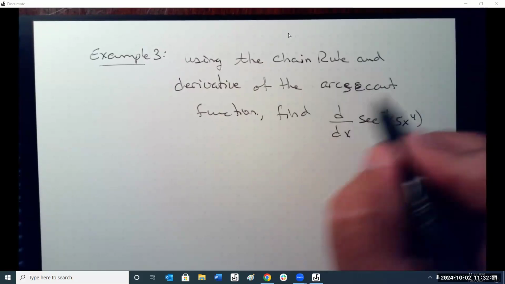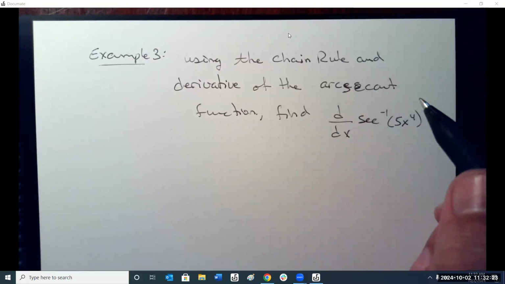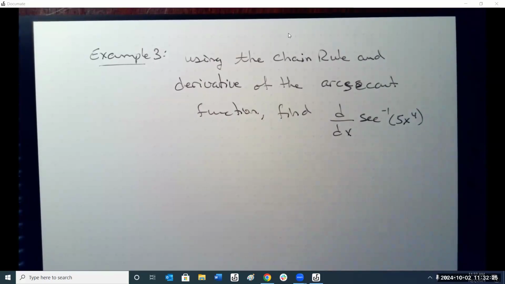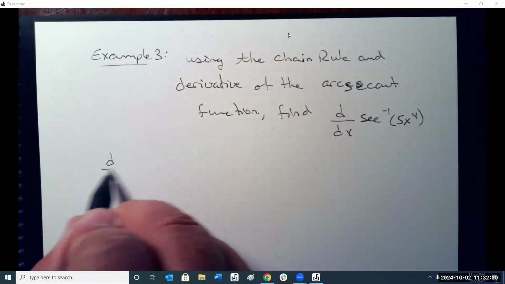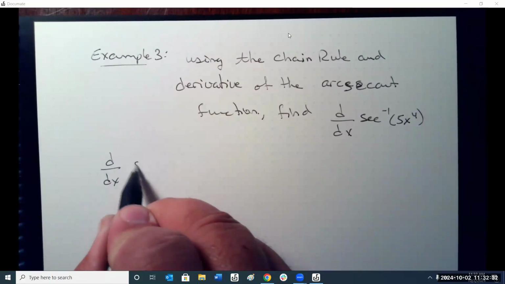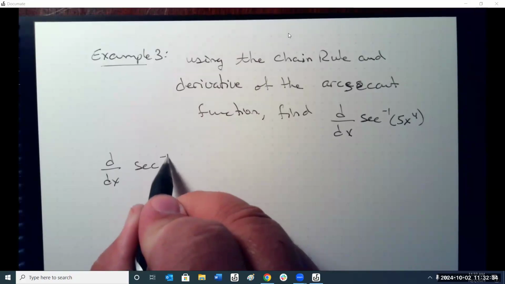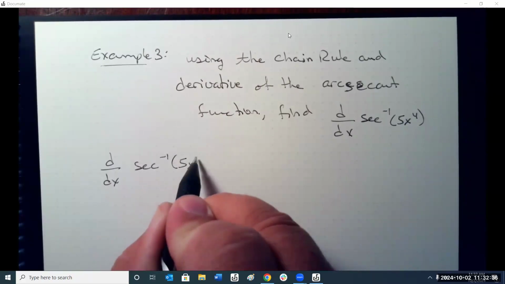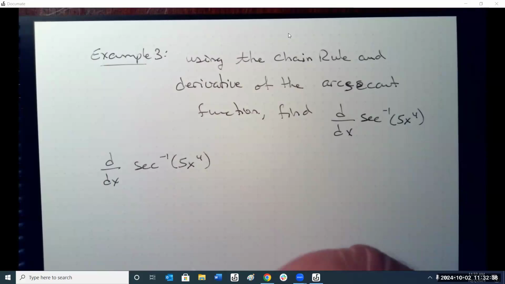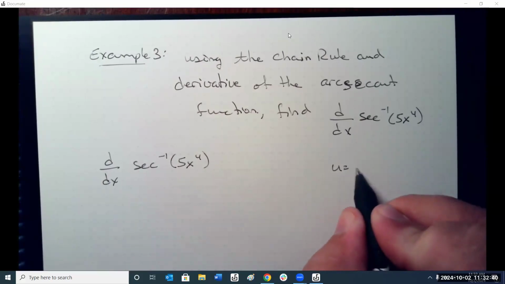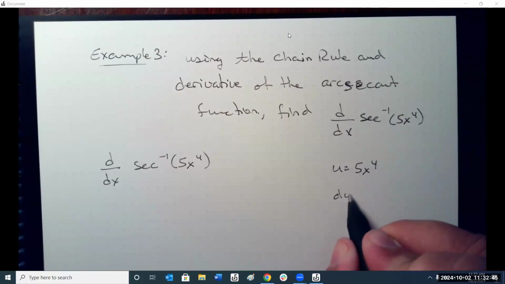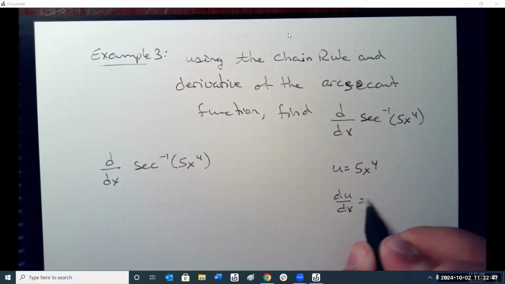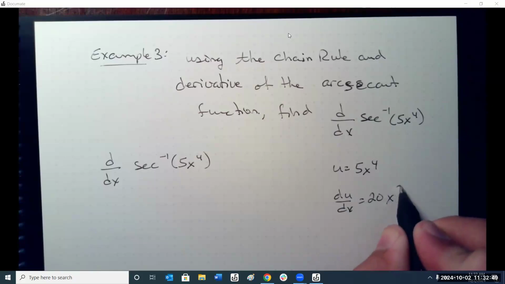Typically we don't write that, but that's when it is the inverse function. We're looking for the derivative with respect to x of the inverse of secant of 5x to the 4. Well, u is 5x to the 4th, so du dx is 20x cubed.